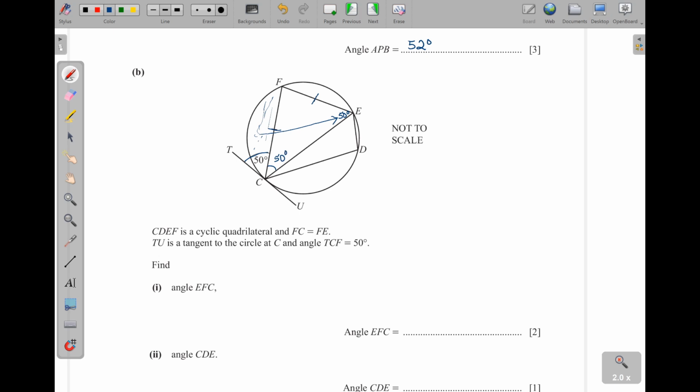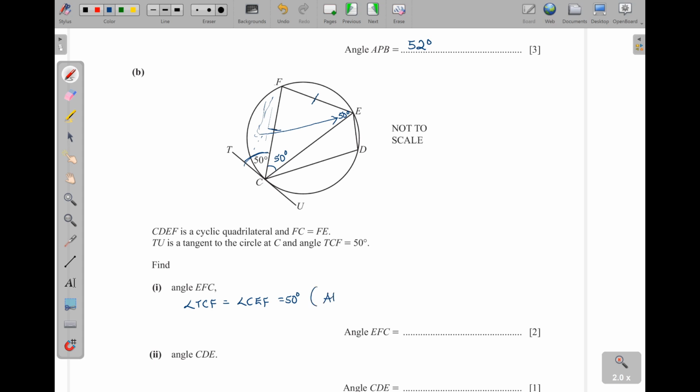You see that? Now, the angle EFC is going to be a matter of subtracting the sum of these two from 180, because that is a triangle. So I'll begin by saying angle TCF, this 50, is equivalent to angle CEF, which is here. And this is 50 degrees.